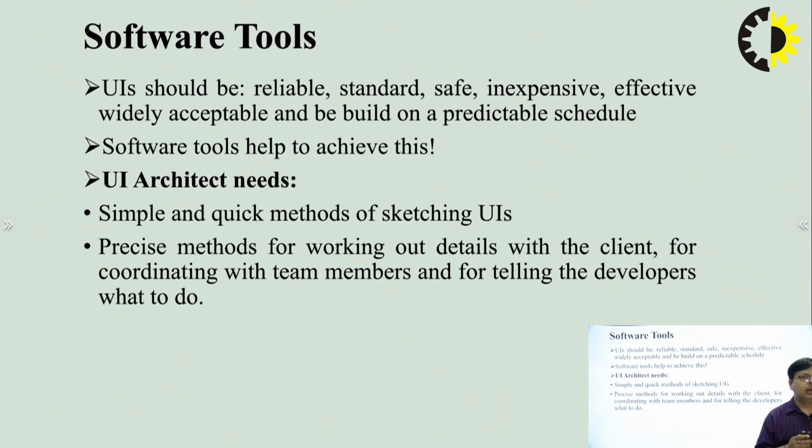It should be reliable, should follow some standard, and be safe for the user's transactions or tasks, inexpensive, and effective. The user should not face hassle while using the interface, and a wide range of users must be able to accept it, and it must be built on a predictable schedule.